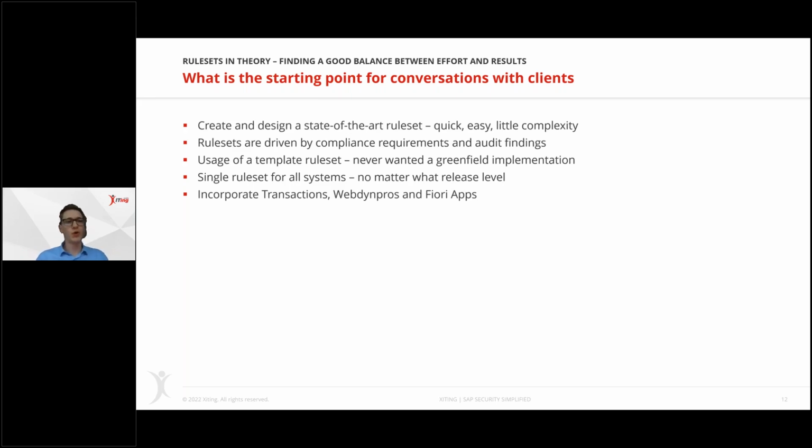And then also very important, incorporating transactions, web intros, and Fiori apps, which is basically the language that the business understands. From an authorization point of view, we are able to understand authorization objects, but the business usually doesn't understand this sort of language. So our role in such projects is typically translating the business language into the technical language.